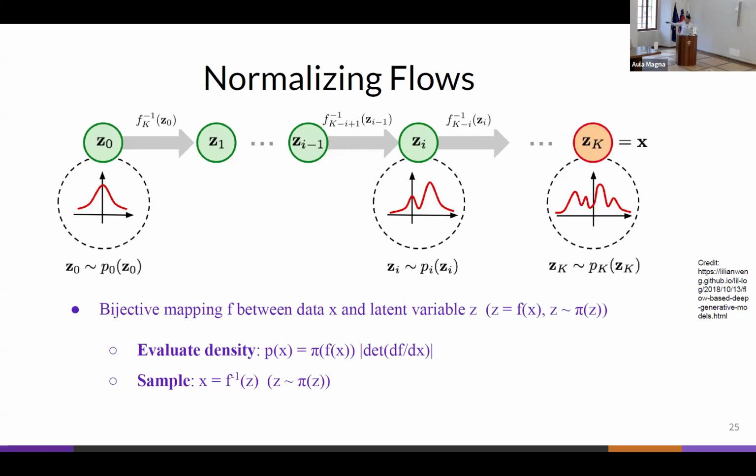So we need to know not just f from one step to another, but also the inverse of f. And we also need to be able to compute the Jacobian, the determinant of df over dx, so that we can evaluate the density. If we have both of these things, then we stack many different maps together. Now, this plot, of course, is one-dimensional, but in reality, as I said, we need to do this in millions of dimensions.